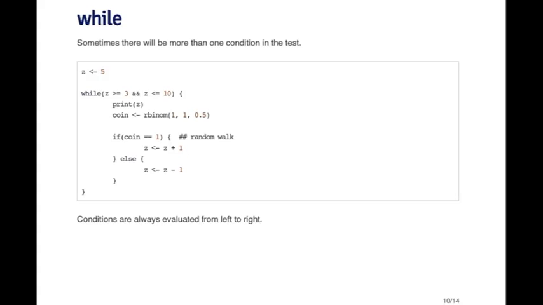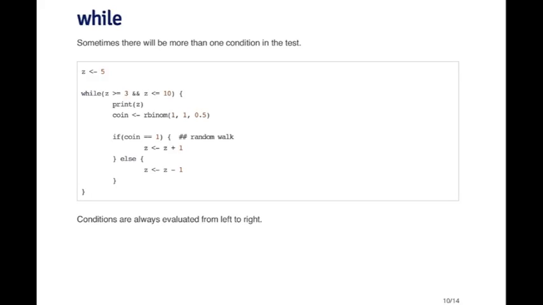I'm going to flip a fair coin. If the coin is a 1, I'm going to add 1 to my value, and if the coin is equal to 0, or any other value for that matter, I'm going to subtract 1 from z. So I'm generating a little random walk here, and the value of z is going to go up or down depending on my little coin flip.